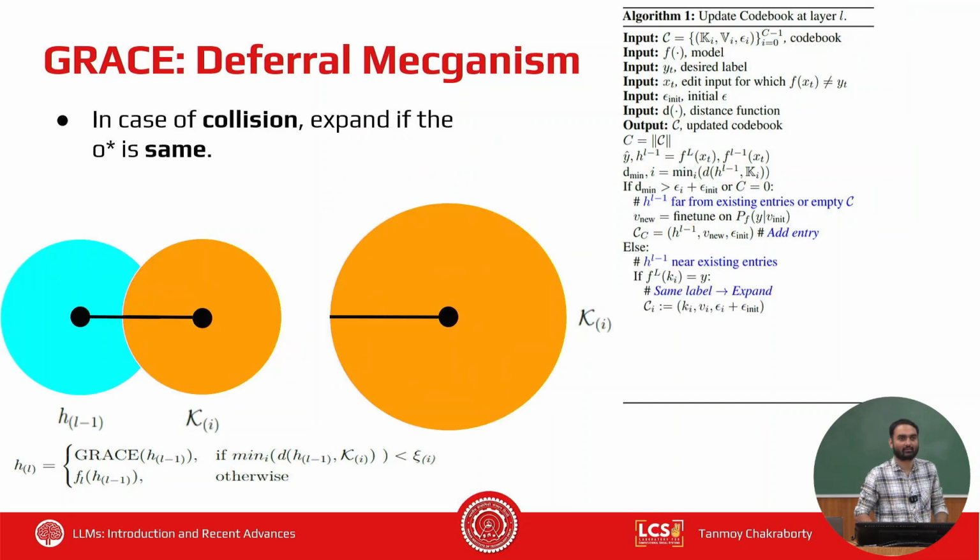Now look at the second condition. If this doesn't satisfy, then the second condition is what? Look at this one, right? Focus only on this one. So the second condition says that the output of the model for this new key is Joe Biden. That means you don't need to change anything, right?